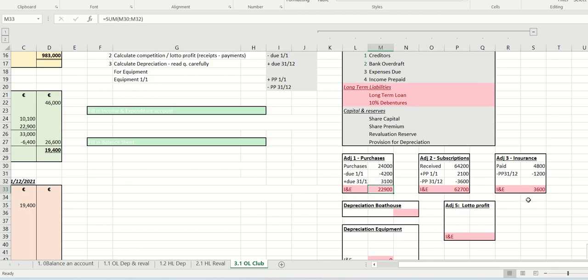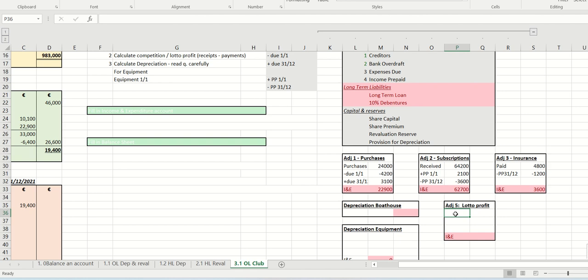Once we calculate the P&L number, I highlight it pink. It's called income and expenditure here, but I stick with the rule that P for pink, P for P&L. I use a pink highlighter for those. It makes things really fast for us when we're filling out our schedules in the end. And speed is really important in accounting.